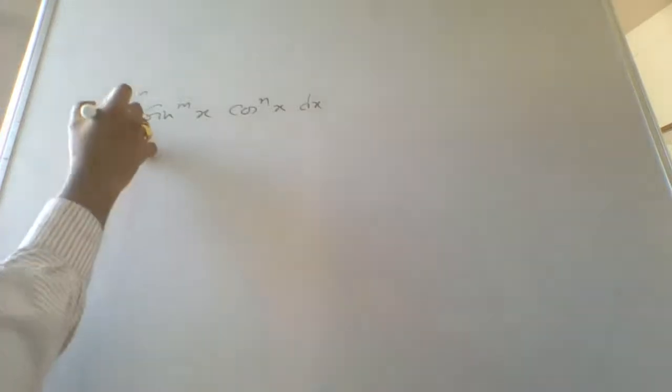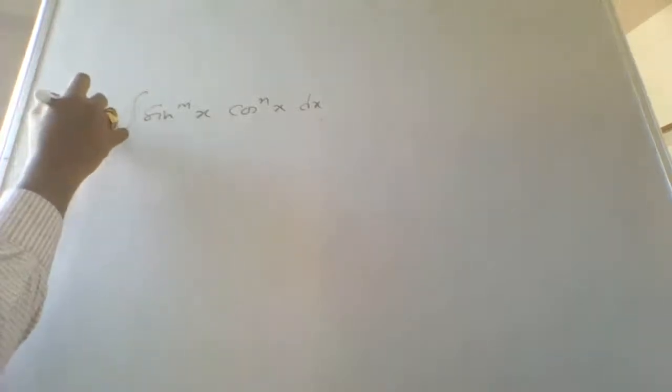Okay, so let us obtain this reduction formula here. Let me write this in the form of I m n, where I is the integral notation, and m and n are the powers of sine and cosine.